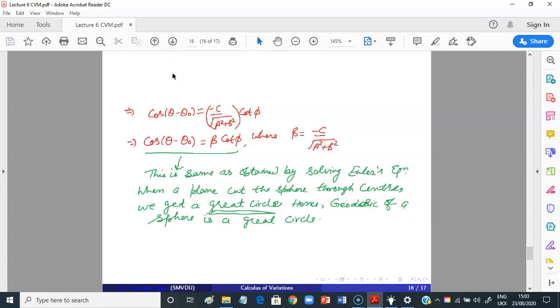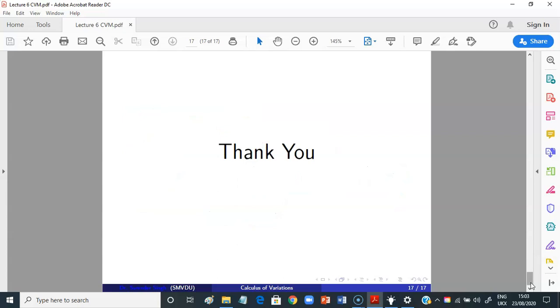That means on the surface of a sphere, the minimum distance between two points comes out to be along the arc of a great circle. Therefore, the geodesic on the surface of a sphere is a great circle. Thank you.